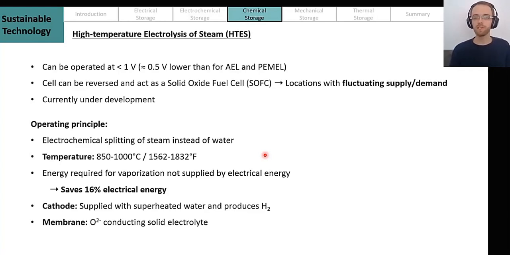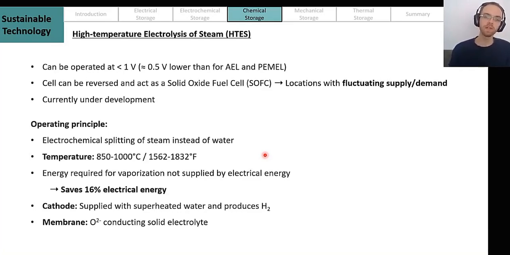Another advantage of this kind of cell is that it can act as both a fuel cell and an electrolyzer. So it can convert chemical energy into electrical energy, as well as electrical energy into chemical energy.